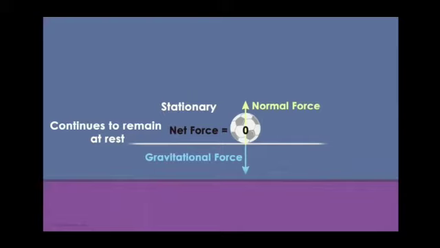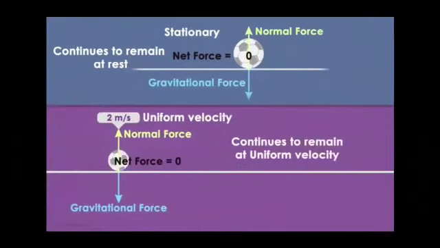First, if the object is stationary and the net force acting on it is zero, then it will continue to remain at rest. Second, if the object is moving at uniform velocity and the net force acting on it is zero, then it will continue to move at the same uniform velocity.